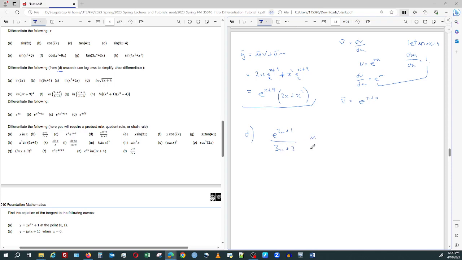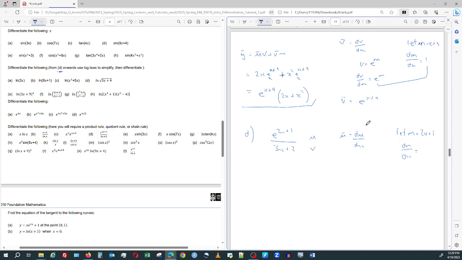Within u and v, but u dash will be equal to du dx, which will have to be made up of a chain. So let m equal 2x plus 1, dm dx will be equal to 2.